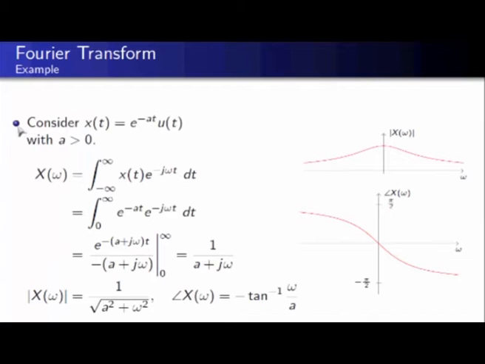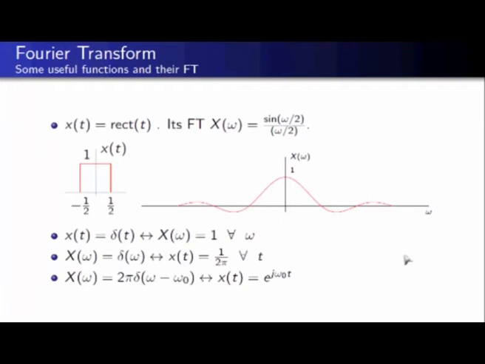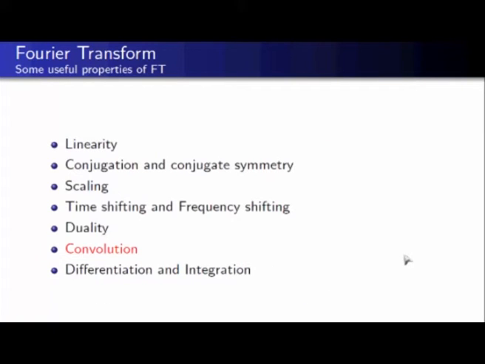This is where I had x of t as real. This is its magnitude, this is its phase. Its magnitude is even symmetric, its phase is odd symmetric. So that's what the conjugate symmetry is about.